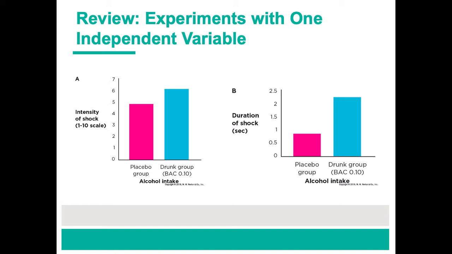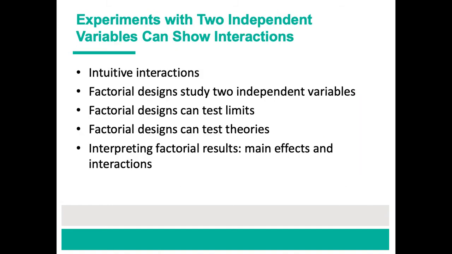In this case, being drunk or not drunk, placebo group versus the alcohol group, and then how much aggression they are willing to show in those various sort of indices, dependent variable outcomes. So you see there's a difference there for duration, maybe not as much for intensity. So we can see different sorts of reactions there to the alcohol.